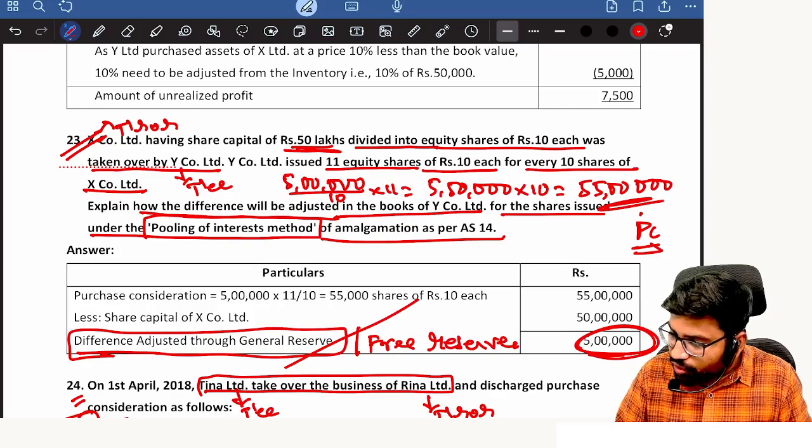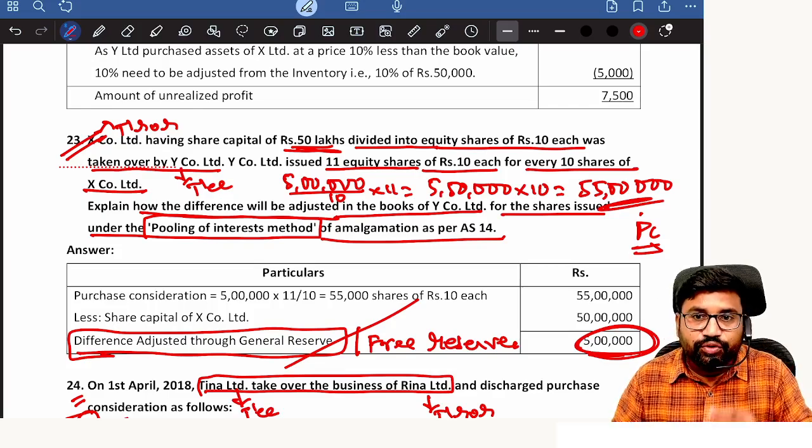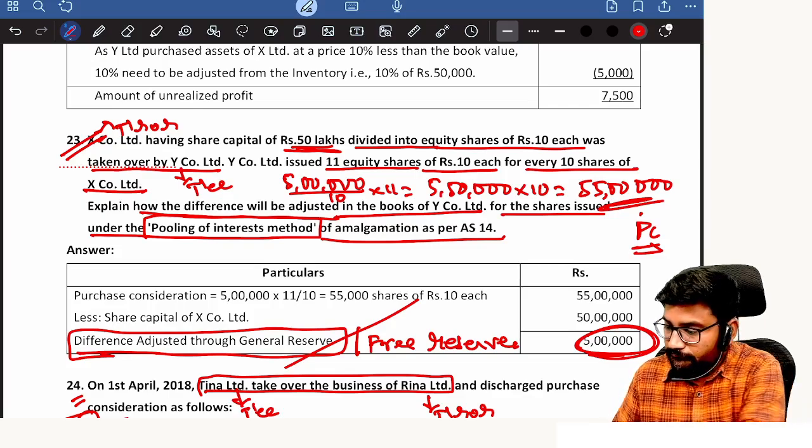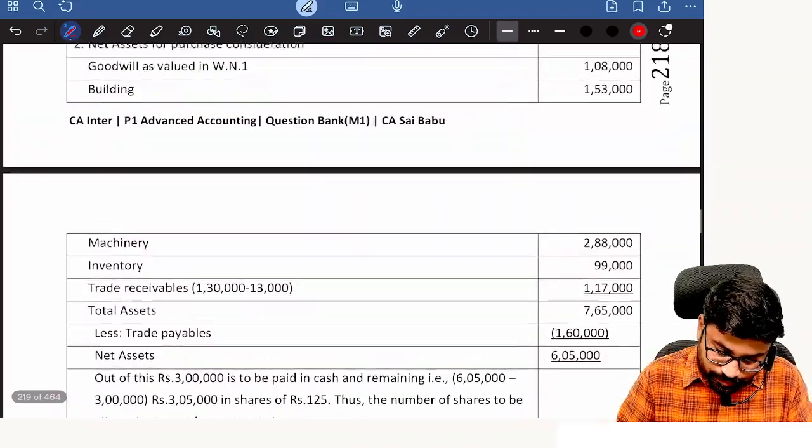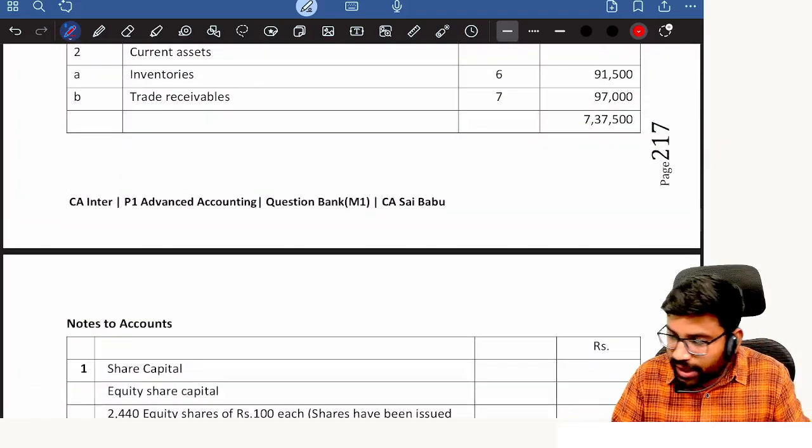And also we have one more question relating to PC, sir. Come to illustration 12. Come to illustration number 12, page number 191.